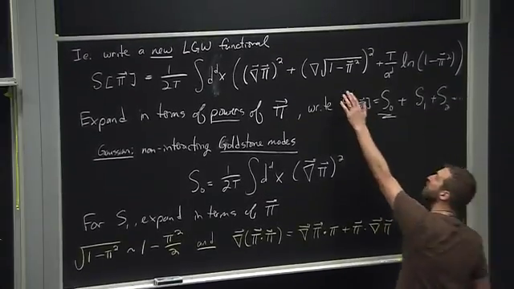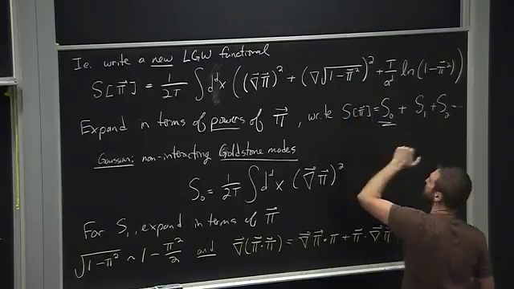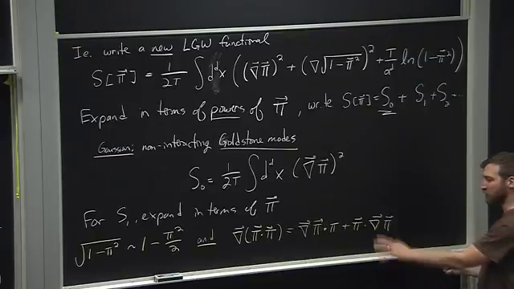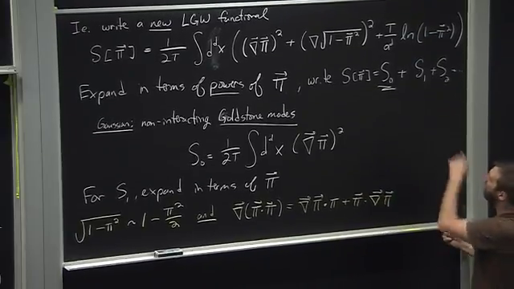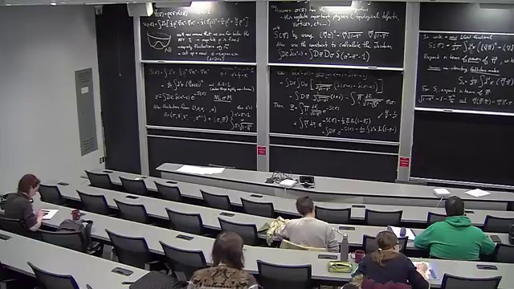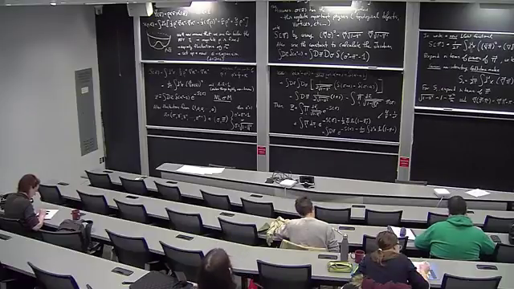Okay, so that goes into here. And we've got to square that thing. So we have the square of two dot products. That's important. And then the log term's simpler. So for the log term, we're just expanding.